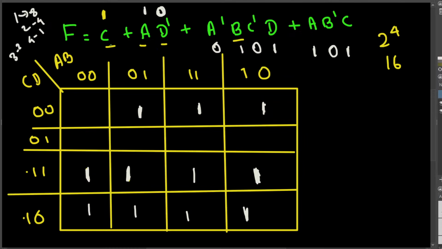I want to check one last time. C is 1 all over the place, in these 2 rows. Then A is 1 and D is 0: A is 1 in these 2 columns, and D is 0 in these 2 rows. It's already taken care of.